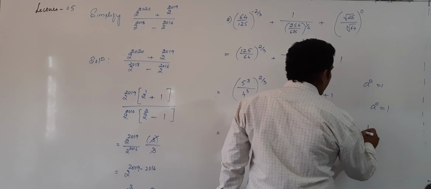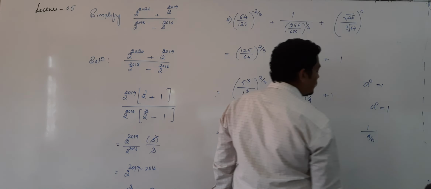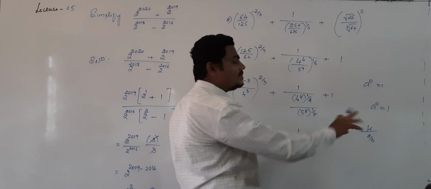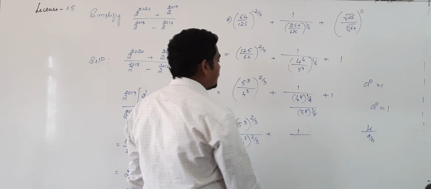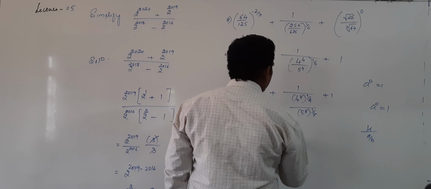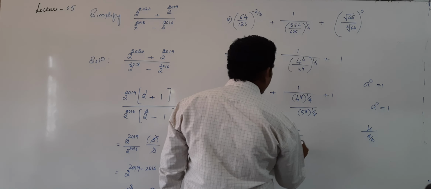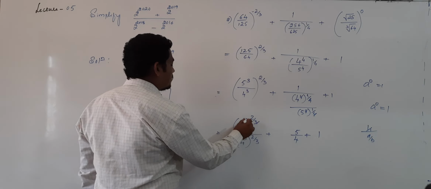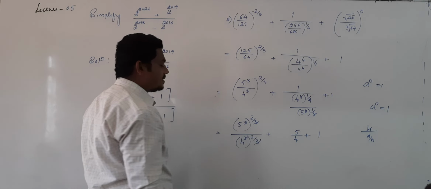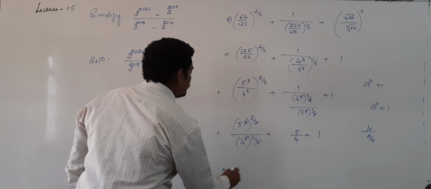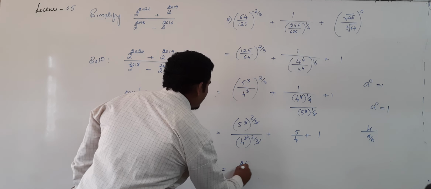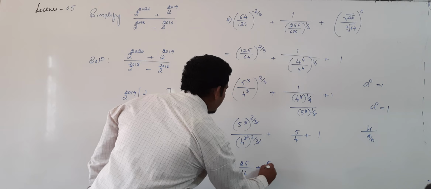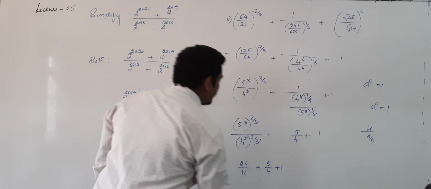If you have 1 divided by a by b, then b by a, so it becomes 5 divided by 4, plus 1 as it is. Now 5 square is 25 divided by 4 square is 16, plus 5 divided by 4 plus 1.